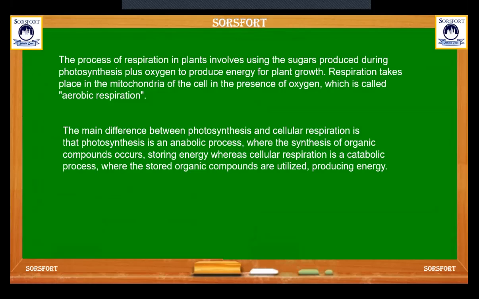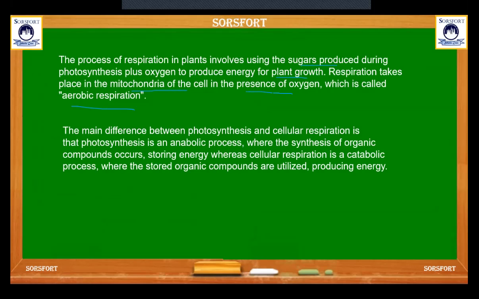As you know, the process of respiration in plants involves using sugars produced during photosynthesis plus oxygen to produce energy for the growth of the plants. Respiration takes place in the mitochondria of the cells in the presence of oxygen, which is called aerobic respiration.